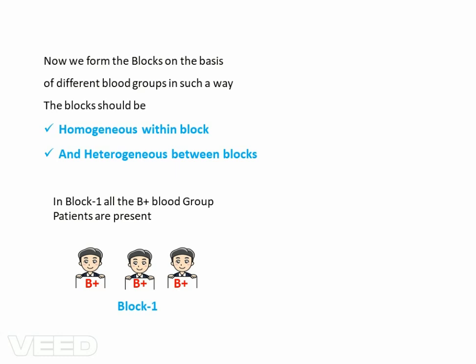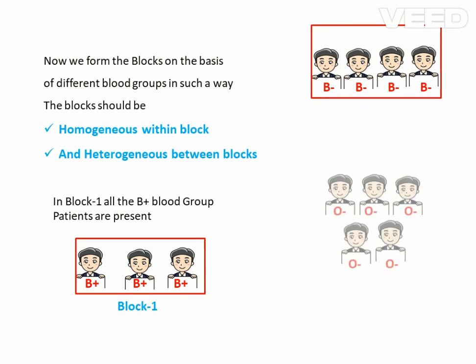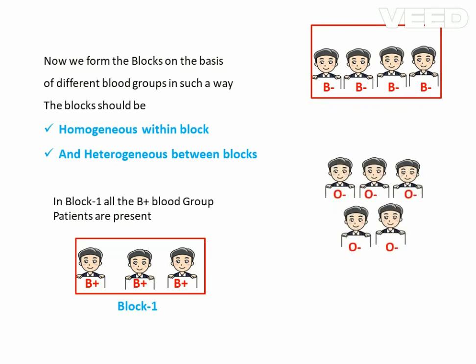As you can see, in block 1, all the B positive blood group patients are present, and in block 2, all the B negative blood group patients are present. And in block 3, all the O negative blood group patients are present.